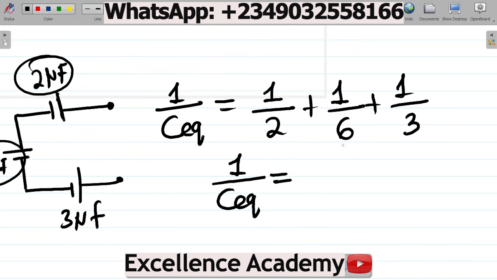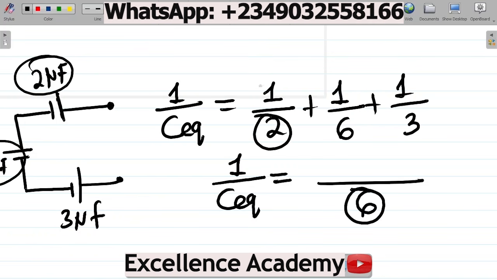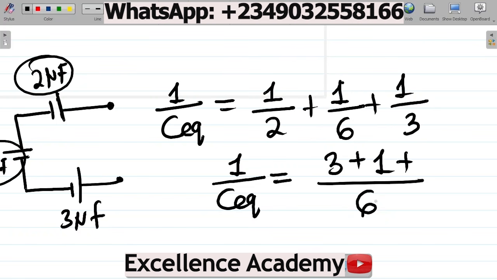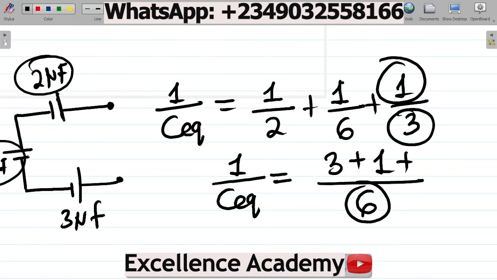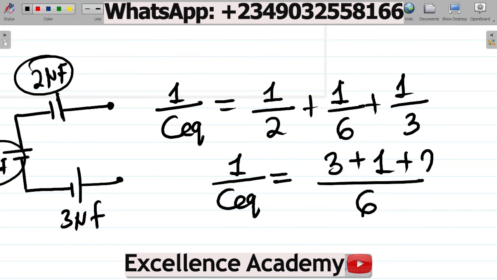For this, we'll take the LCM. The LCM of 2, 6, and 3 is simply 6. 6 divided by 2 gives you 3, times numerator 1 gives you 3, plus 6 divided by 6 gives you 1, times 1 gives you 1, plus 6 divided by 3 gives you 2, times 1 gives you 2.